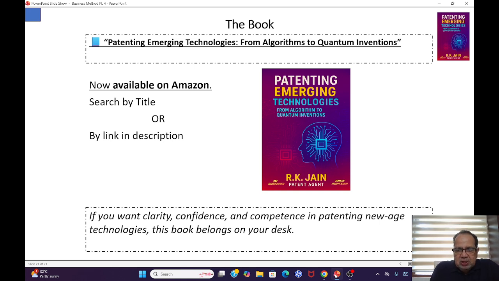We'll try to analyze some sample claims, and also outline the methodology specific to the new emerging technologies and how to transform that claim into a patentable claim which withstands the scrutiny of the examiner of the patent office.